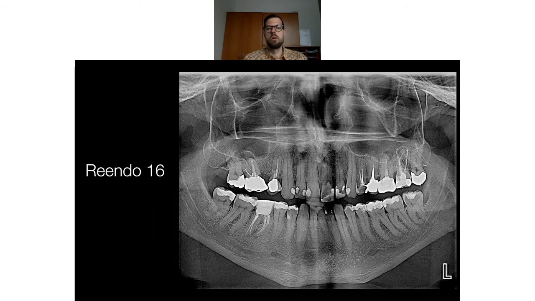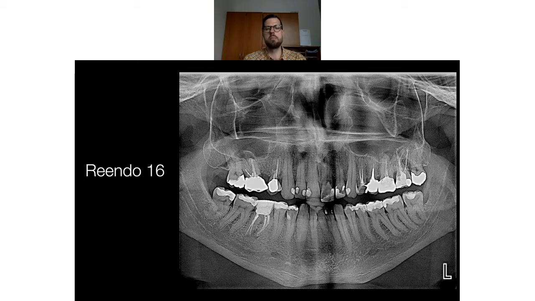So let's look at the maxillary molar on the right side, the tooth number 16. There was this patient. I renewed almost all the endos that he has on the left side, and now it was time for tooth 16.